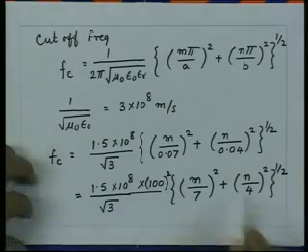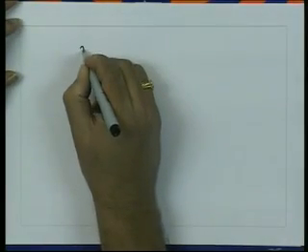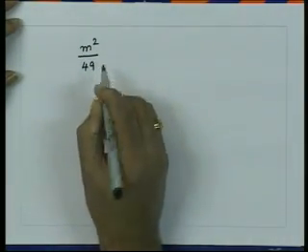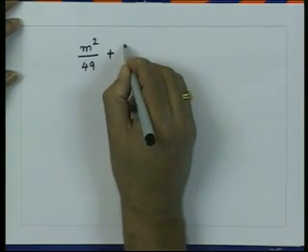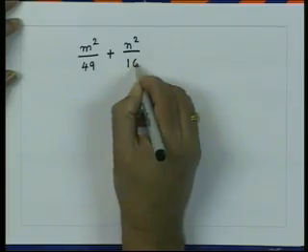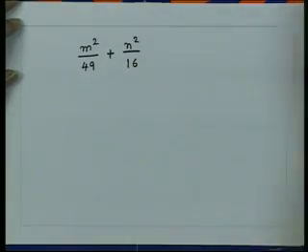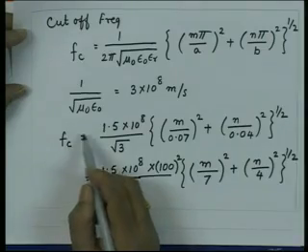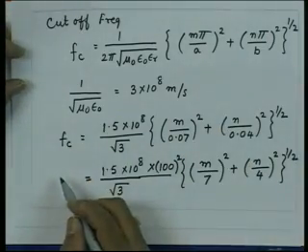So, from here essentially we get the condition for m and n. If m square upon 49 plus n square upon 16, if the frequency f_c is less than the frequency which is 3 gigahertz, then the mode will propagate.